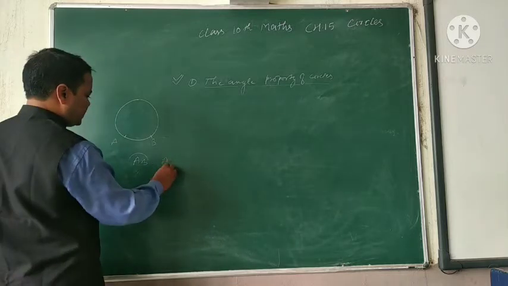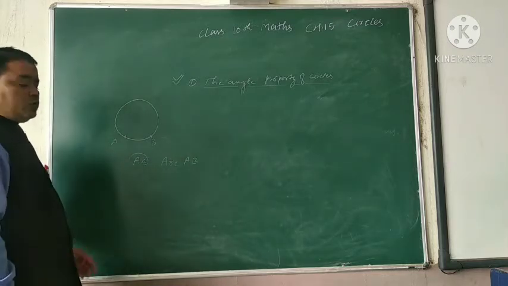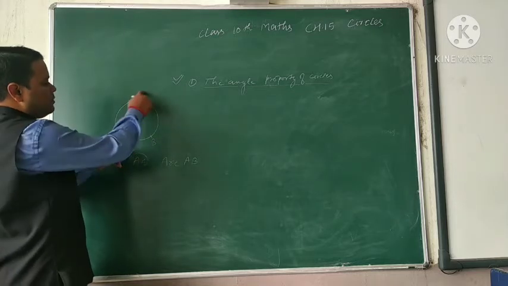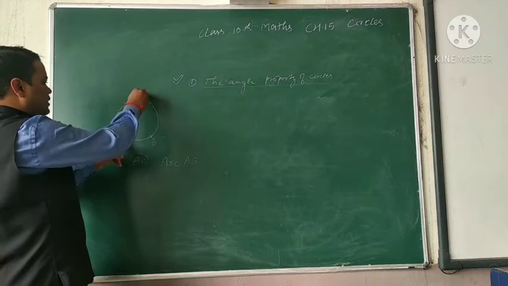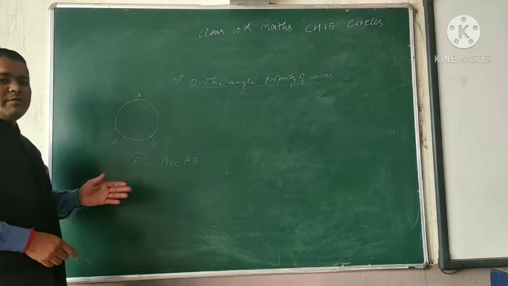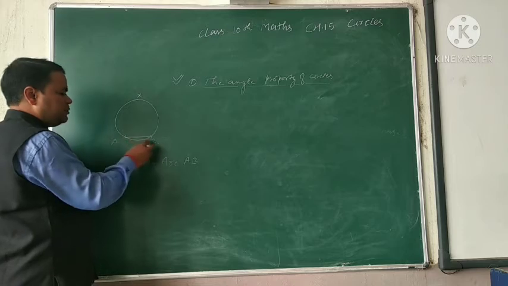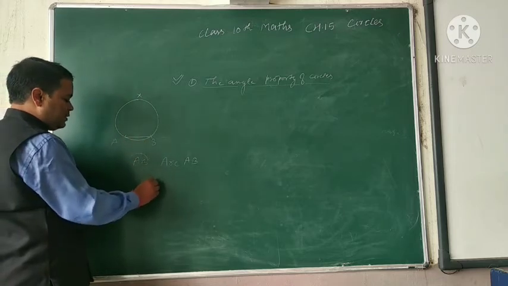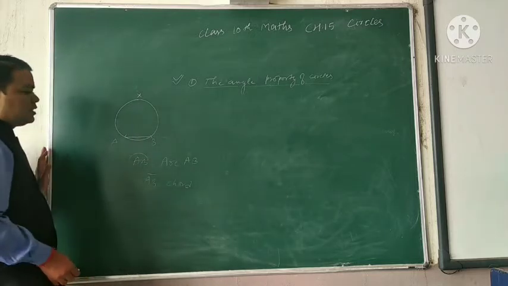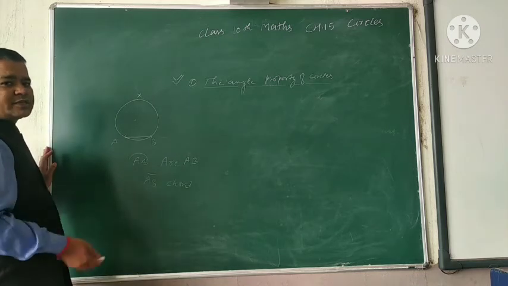There are two arcs: this is the minor arc and this is the major arc. If you take a point X, then AXB is the major arc and AB is the minor arc. If you join AB, the line segment AB is called a chord. And a chord that passes through the center of the circle is the longest chord.